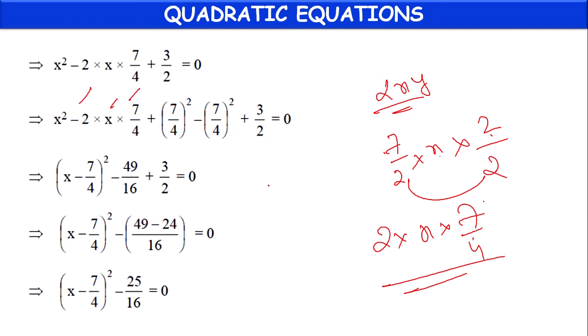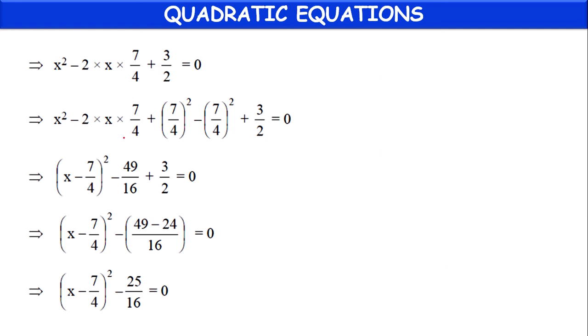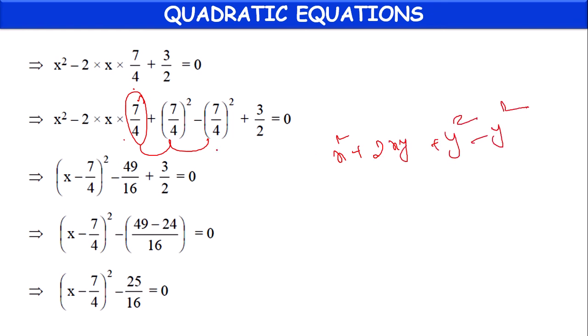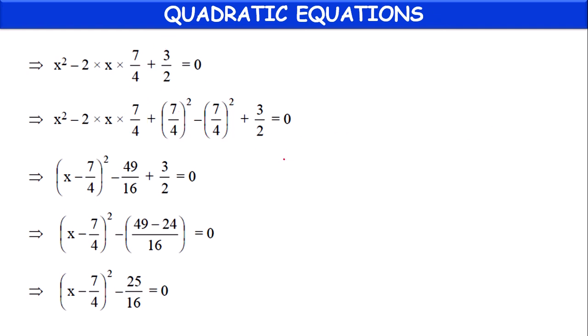After that, we have to add y square and subtract y square. So for x square plus 2xy, y square is to be added and y square is to be subtracted. As y is 7 by 4 here, 7 by 4 square is to be added and 7 by 4 square is to be subtracted. The remaining term is kept as it is.